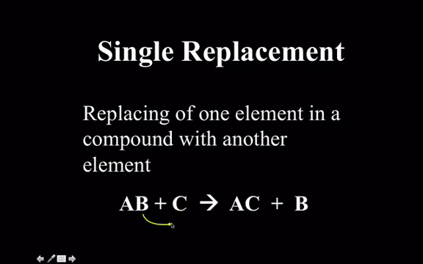The B and the C, all they did was they switched places. So the C came in and joined with the A to make a new compound, and then the B got kicked out by itself. So that's how you can identify the single replacement reactions. It's a compound plus an element giving you another compound and an element. And those are the only reactions that will look like that.